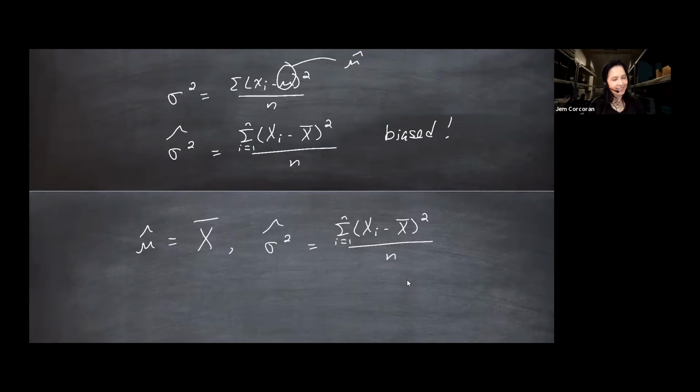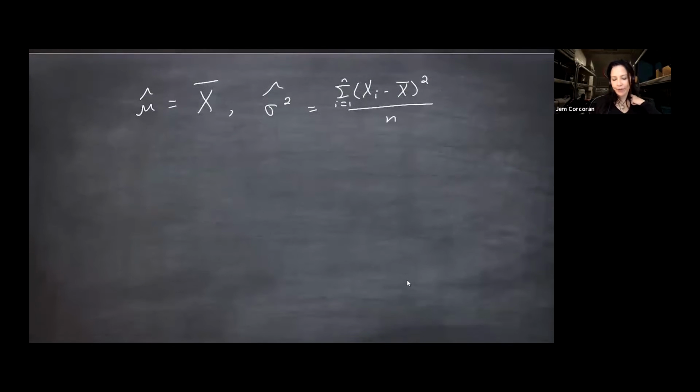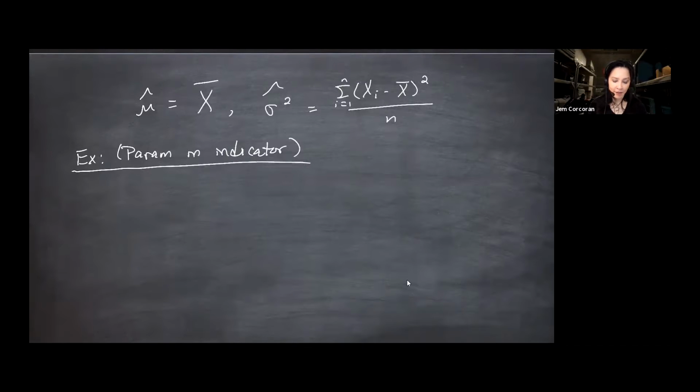All right, so the next example, which was just requested anyway, is an example where the parameter is in the indicator. So this could be like you have x1 through xn, a random sample from the uniform 0 theta distribution, and you want the MLE for theta.